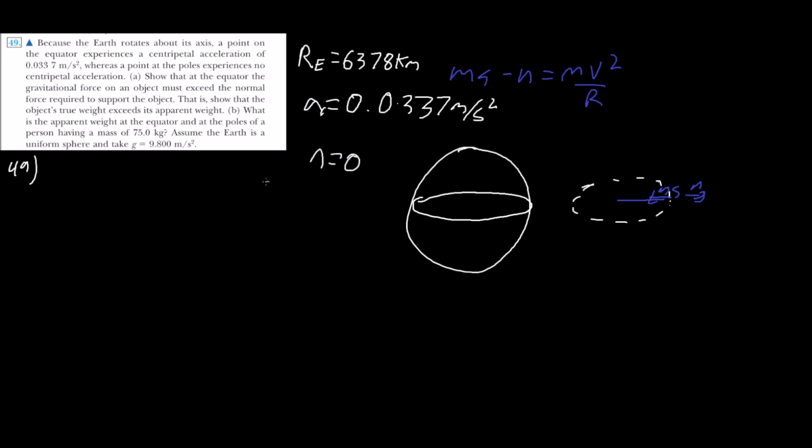No, they do not. All I know is that this right here, if this is going to be the normal force, this would have to be the minimum value of the velocity, I believe.